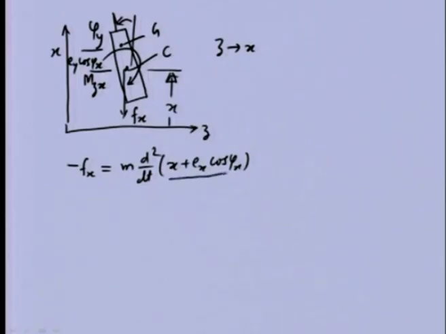This is the position of the center of gravity. So you can see this is x, and then from C to G is E y cos phi x.